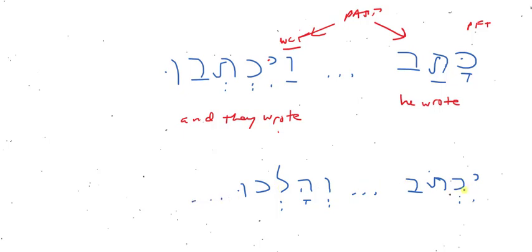Okay, so one clause followed by another. Yiktov, is that a perfect, imperfect, WCI, WCP? That's imperfect. Okay, and what time frame are we going to expect that to be? Future. Okay, great. So how would you translate Yiktov? That's a 3ms prefix, right? He will write. Good. And then we have v'halchu.